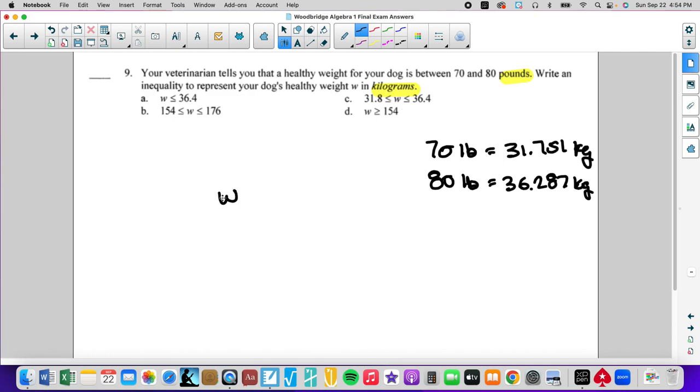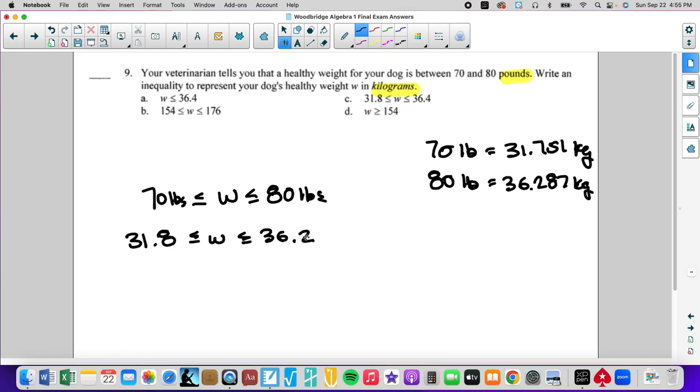So the weight needs to be greater than or equal to 70 pounds or less than or equal to 80 pounds. So if I substitute these values with the kilograms and they go out to the tenths place, we would have a statement that looks like that.